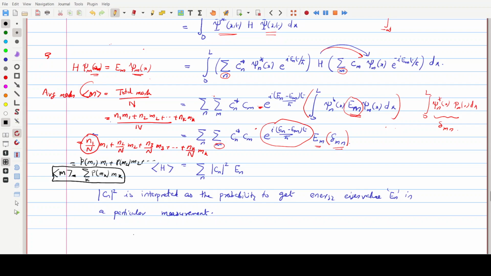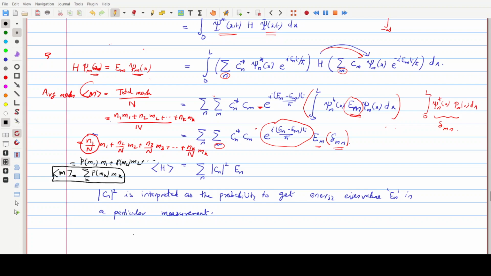In each measurement you will be getting a certain value, and it is a probabilistic result. So suppose in the first measurement you might have got the energy as E2, in some other measurement you have got the energy as E5, and in some measurement you have got the energy as E1.